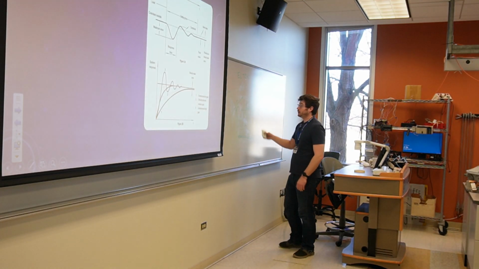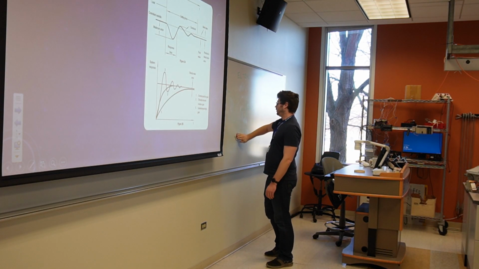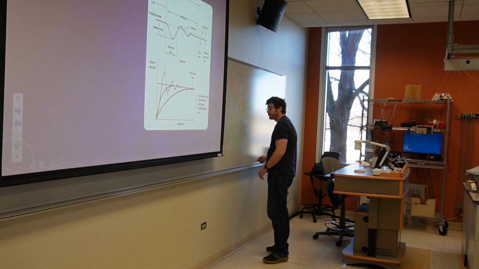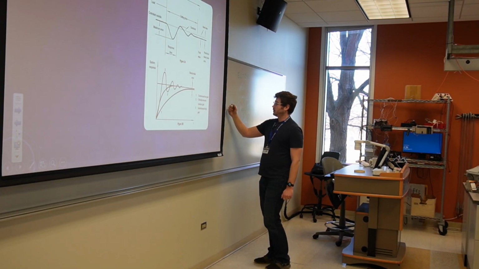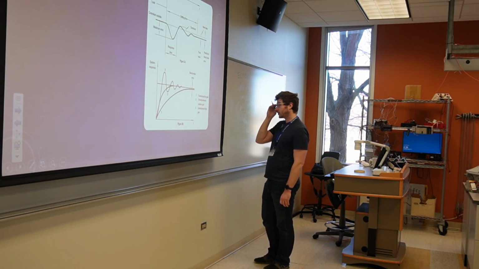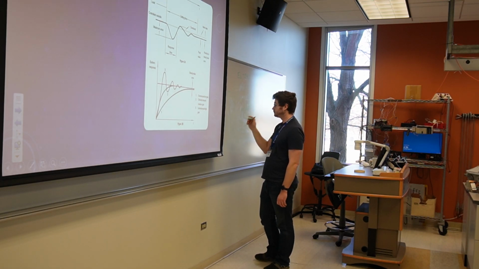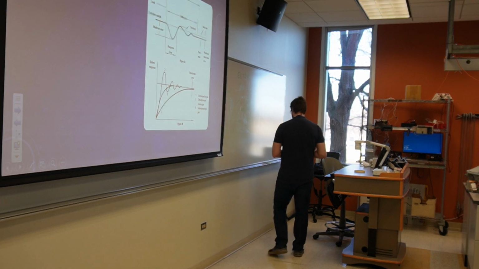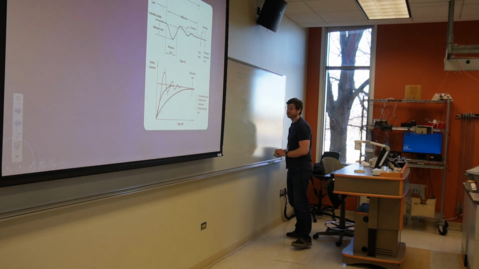Talking about dynamics of a system, there are different responses that we can call. All right, so we have our ideal response, our critically dampened response. The best example for this is shocks on a car.